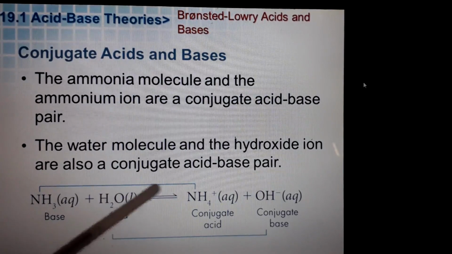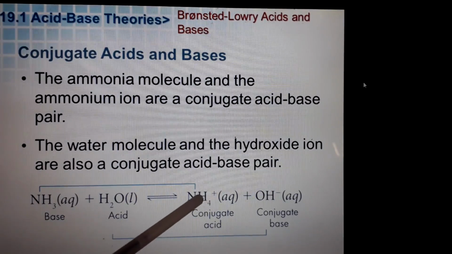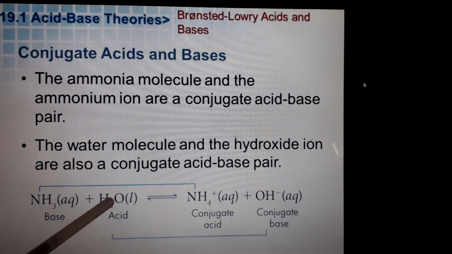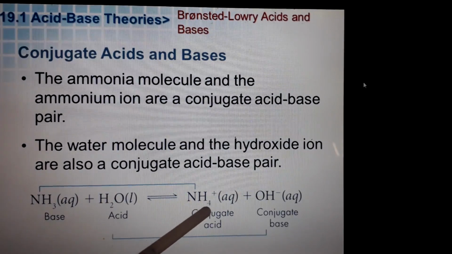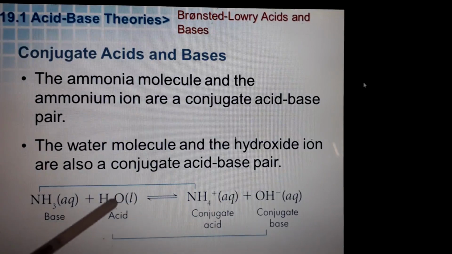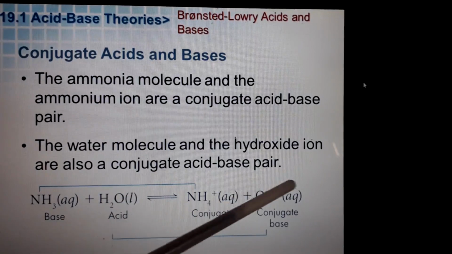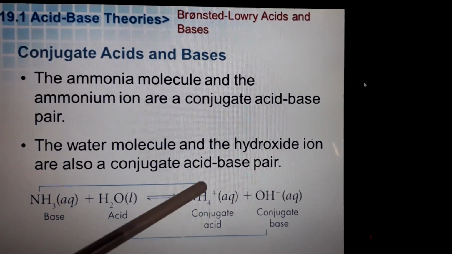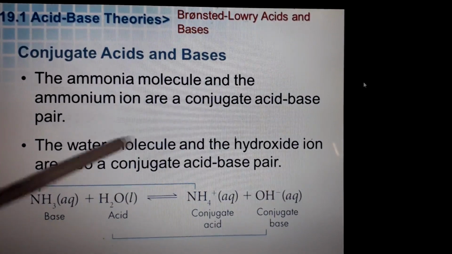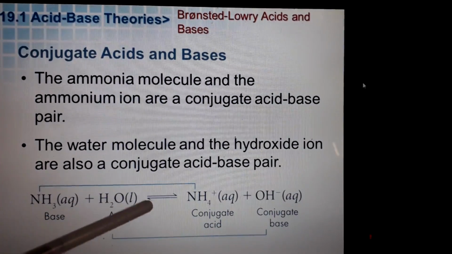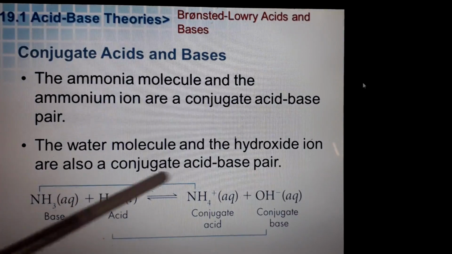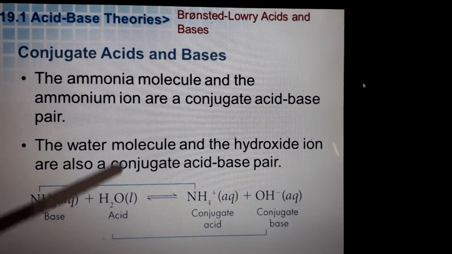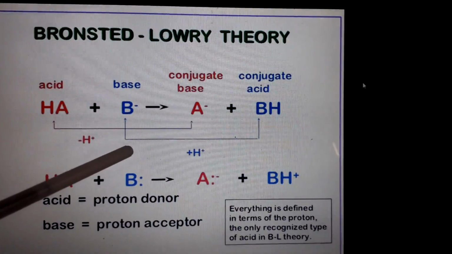Now, NH3 accepts the H plus ion to change to the conjugate acid, NH4 plus, and H2O releases the OH minus ion, which is called the conjugate base. So in this equation, NH3 and NH4 plus are a conjugate acid-base pair, and H2O and OH minus are a conjugate acid-base pair.